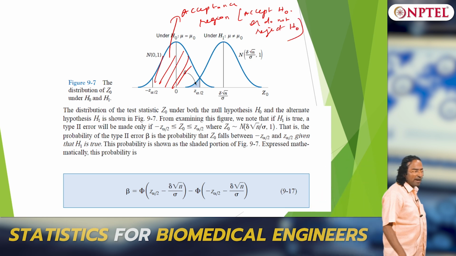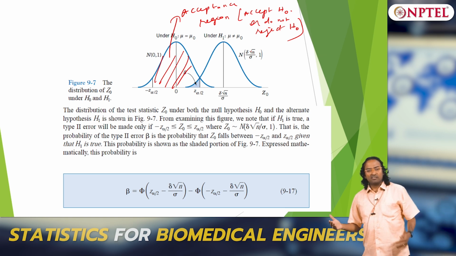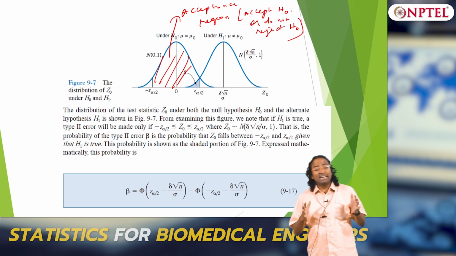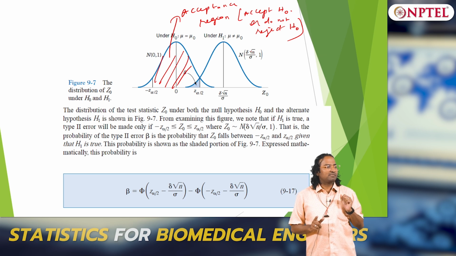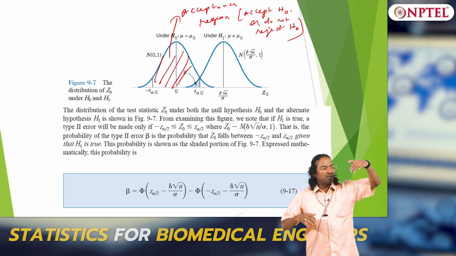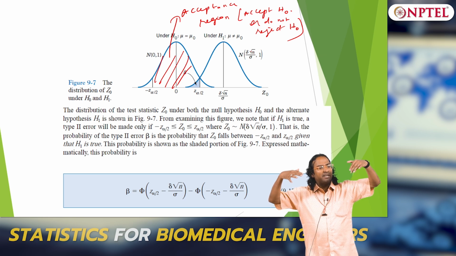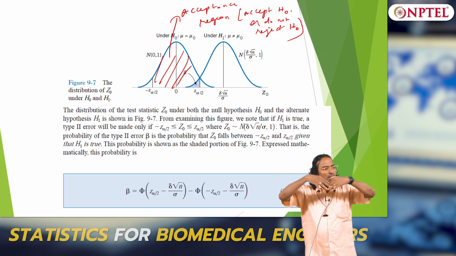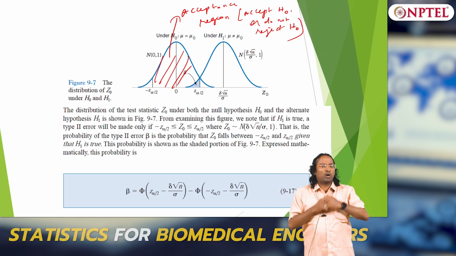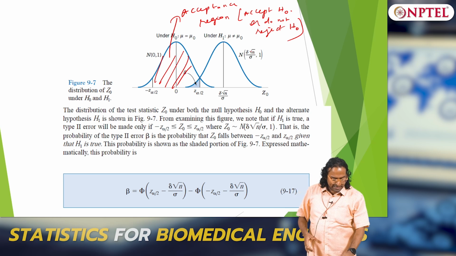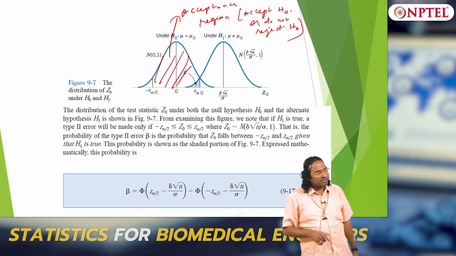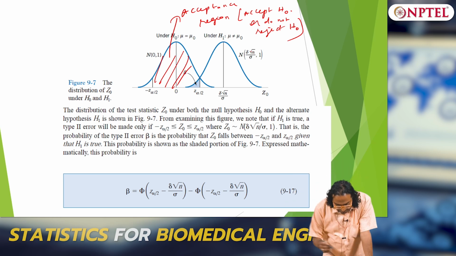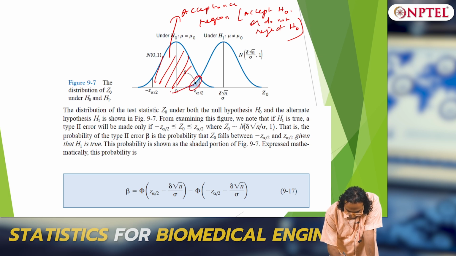So the overlap of the second distribution with the first distribution in the acceptance region is what beta is. The overlap of the mu naught distribution and the mu naught plus delta distribution in the acceptance region is the problem. See this region I am going to accept.